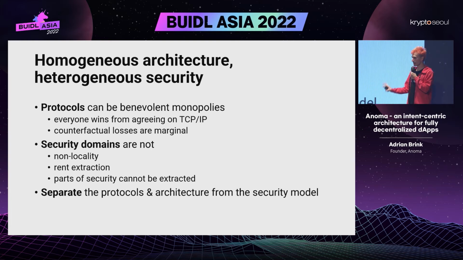OK, I want to take the last bit to talk about homogeneous architecture and heterogeneous security. Generally speaking, protocols can be benevolent monopolies, as in, everyone wins from agreeing on the same protocol. Everyone wins from agreeing to use TCP/IP. There are some improvements we could be making to TCP/IP, but the counterfactual losses are really marginal.